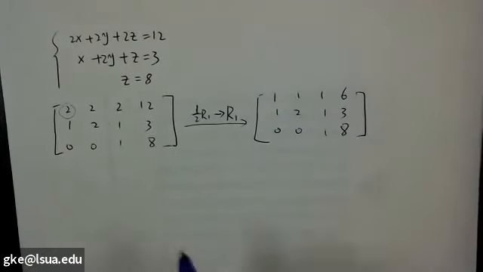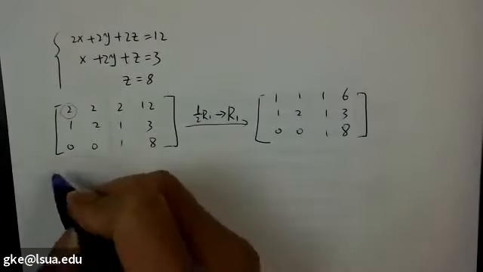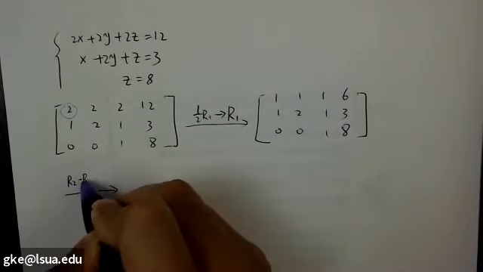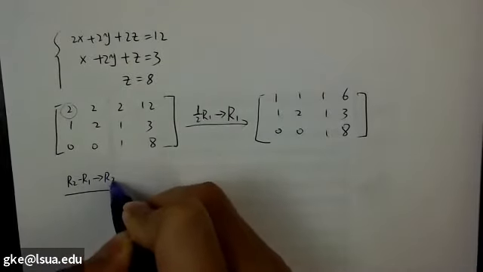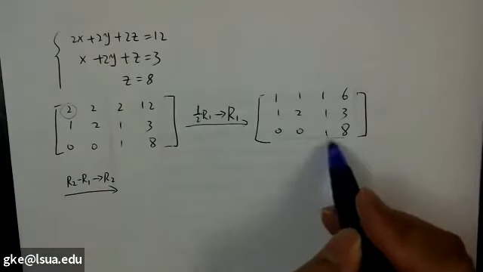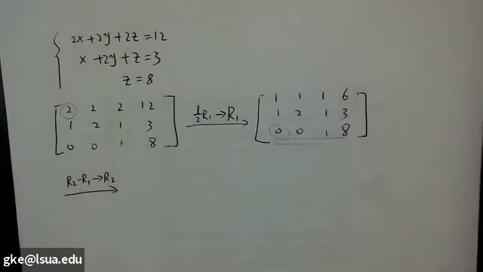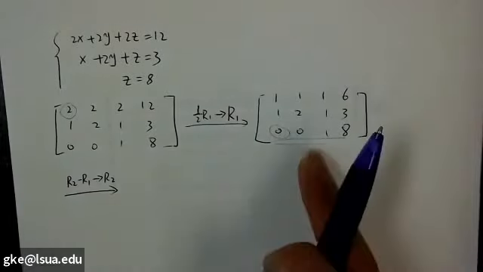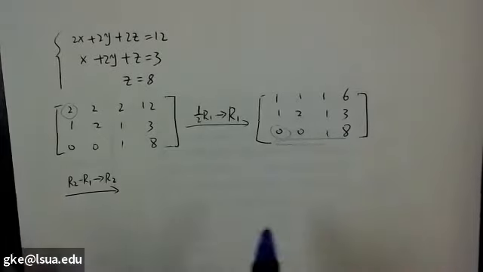What are we going to do? We're going to let R2 subtract R1. And for R3, we already get 0, so it's not necessary to do anything for R3.